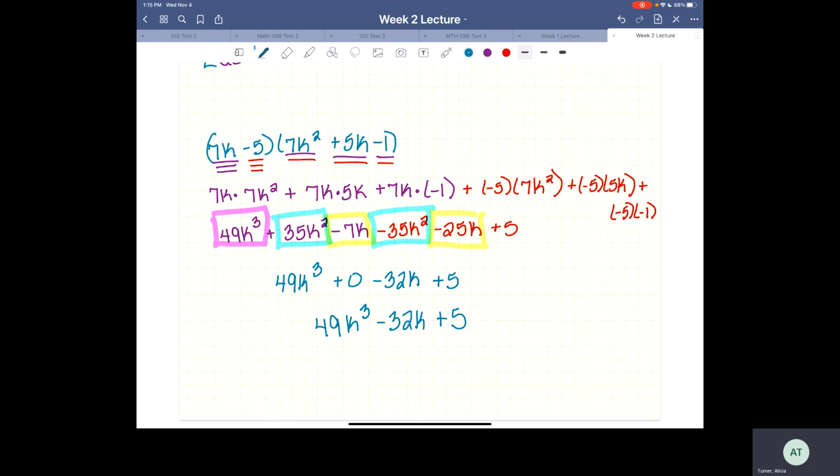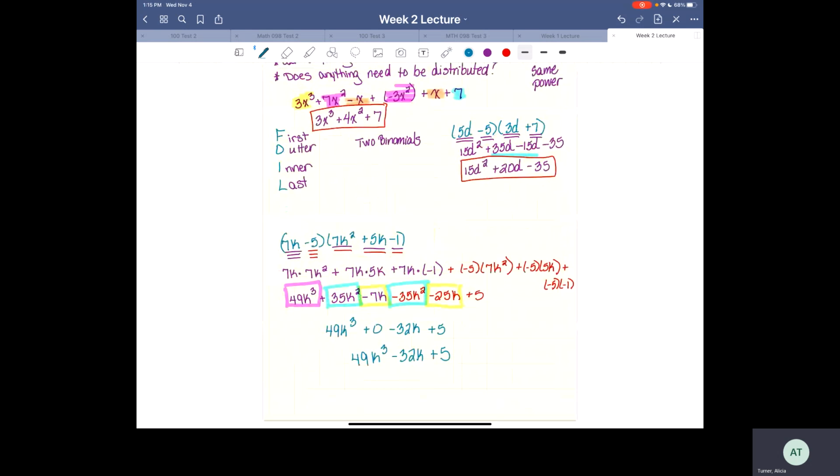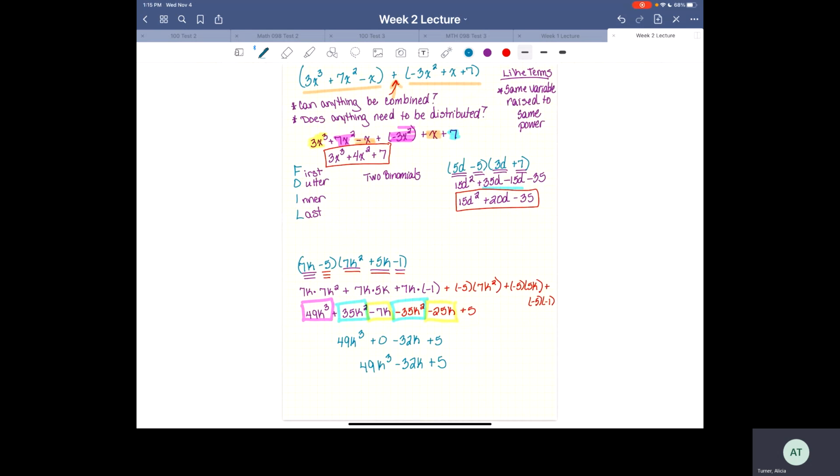Okay, so what we've done right there is we have simplified this. This is one of the more complex simplifying ones. We've multiplied a binomial times a trinomial. But all of these examples right here are simplifying.